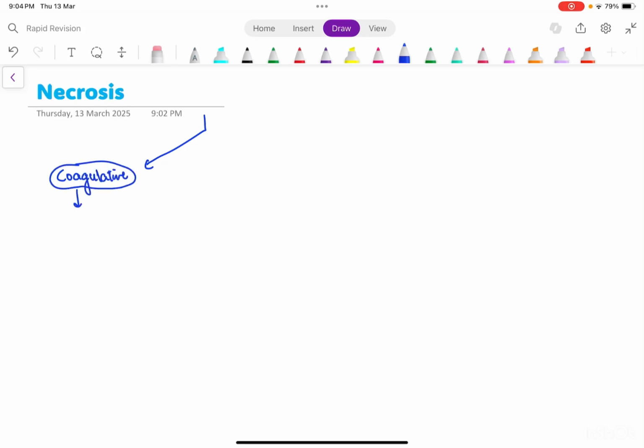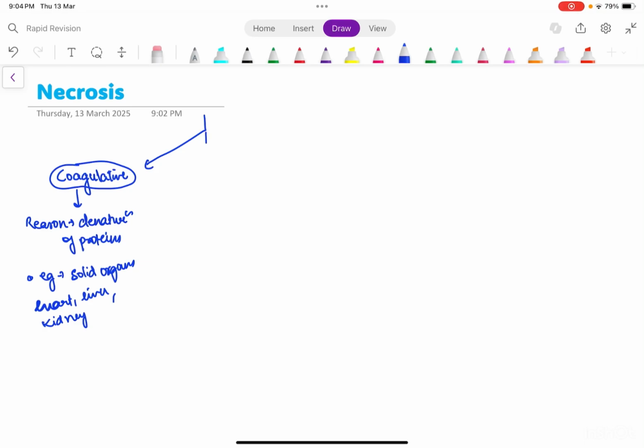Alright, now in coagulative, you need to know the reason: what happens is the denaturation of proteins. Then example, it is seen in solid organs, heart, liver, kidney.